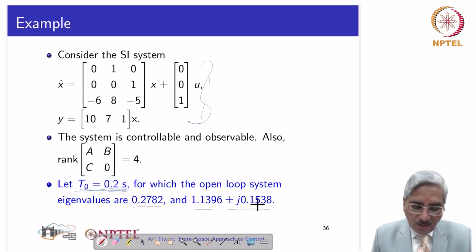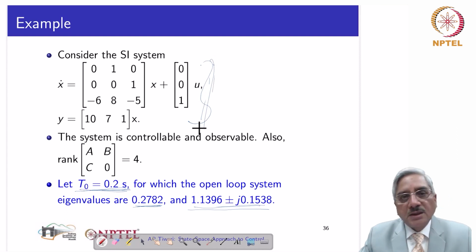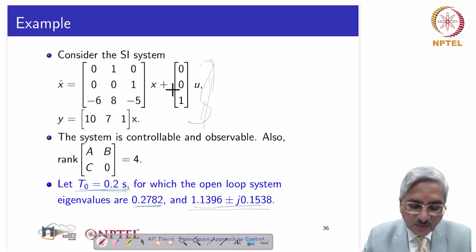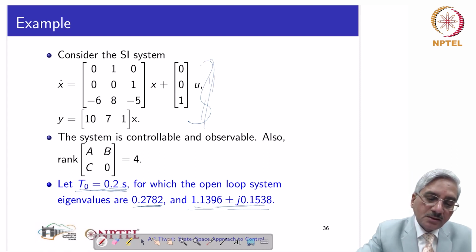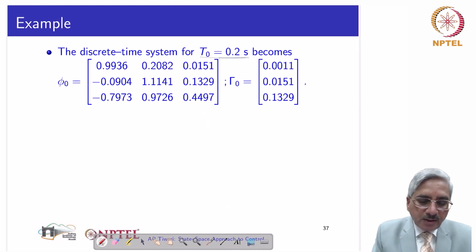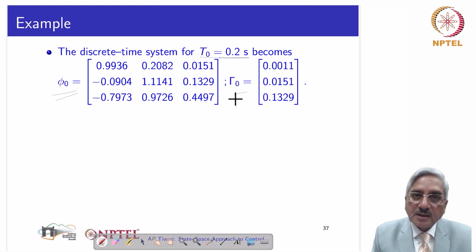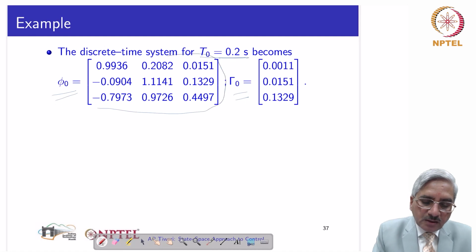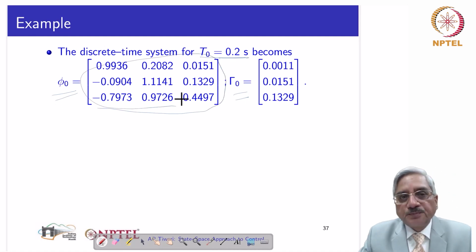One is within the unit circle, but two are outside the unit circle, indicating that the discrete time system corresponding to this is unstable. Of course, the continuous time system will also be unstable, but we are discussing its discrete time counterpart. So for T0 equal to 0.2, we get this phi 0 and gamma 0, and the eigenvalues are of this phi 0.